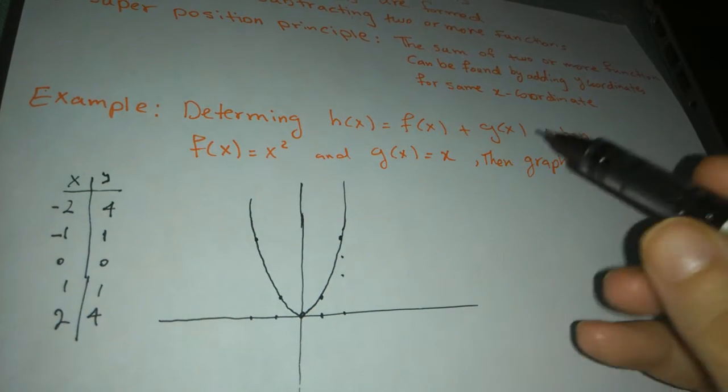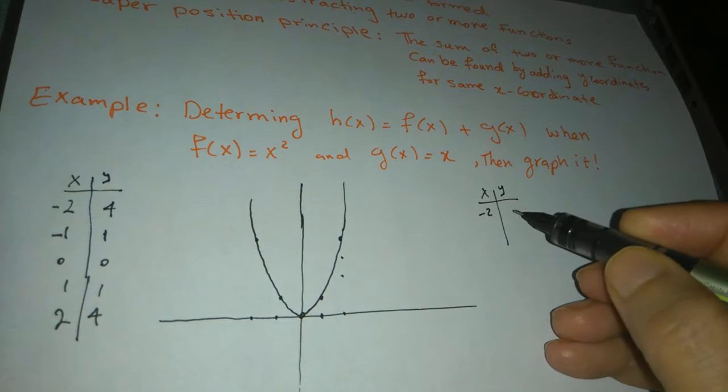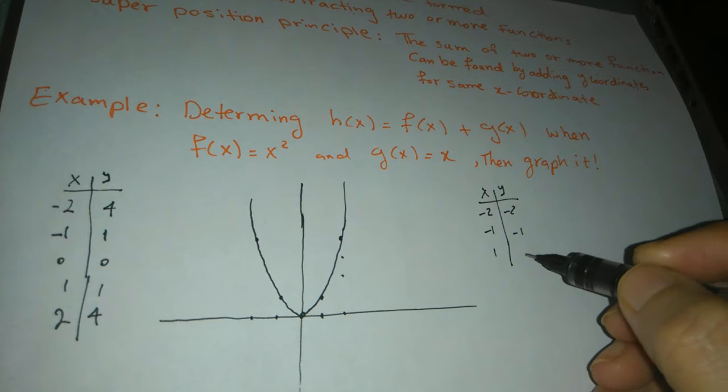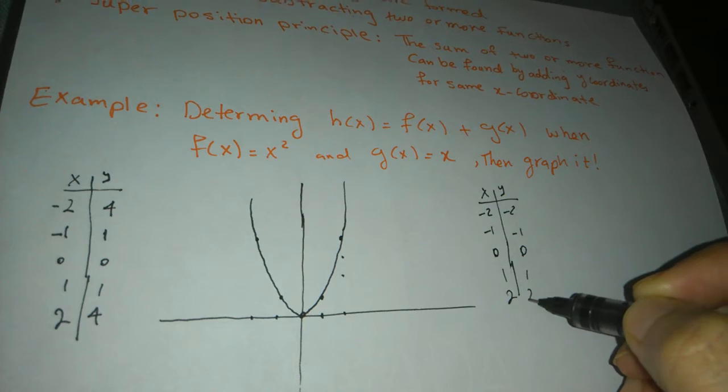Also for g(x) equal to x, I want to just do some points, right? -2 is -2, -1 is -1, 0 is 0, 1 is 1, 2 is 2.